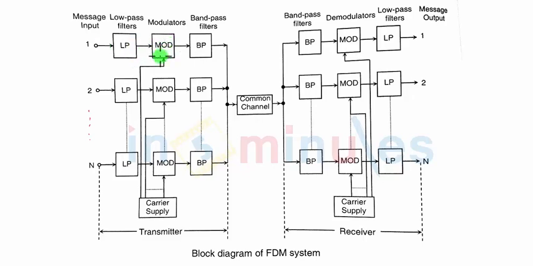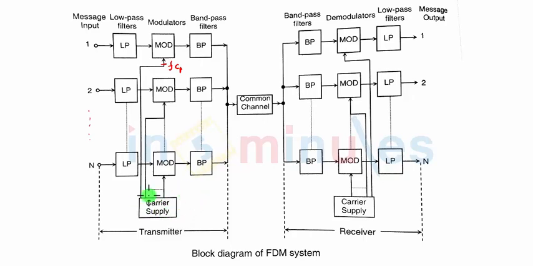Now comes the second step on the transmitter side, which is the modulation. We give the output of the low pass filter, which is my original message signal with bandwidth restricted to a specific value, to the modulator. And you can see the second input to the modulator has to be the carrier signal, so I'll call it Fc1, the first carrier frequency, which comes from a block called the carrier supply.